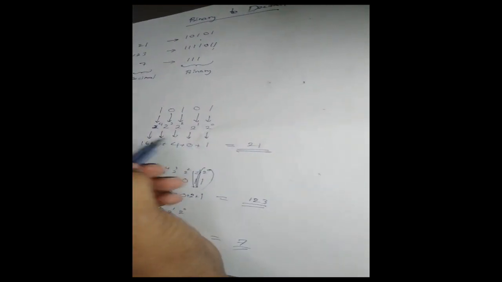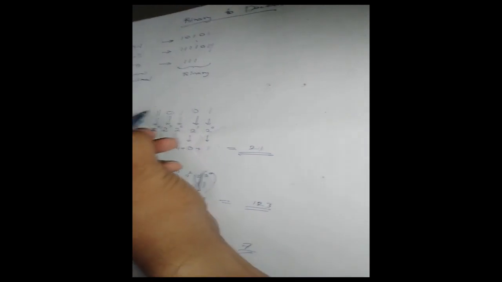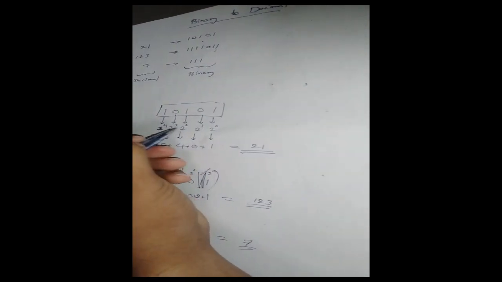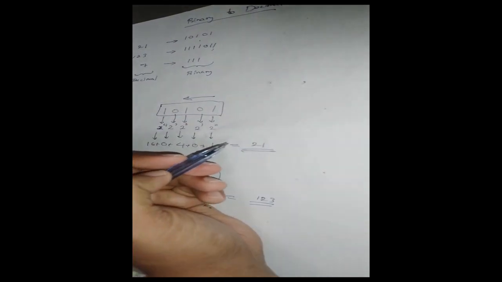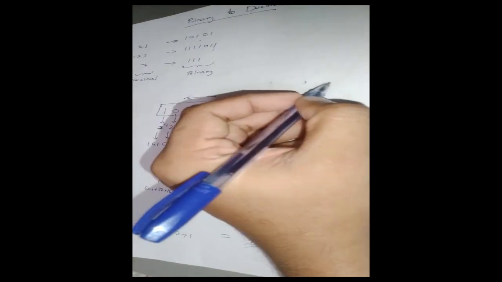For the binary to decimal conversion, represent all the binary digits by powers of 2, which you have to do from right to left. And the smallest one should come on the right. If you take any number, the smallest place is the right side, right?